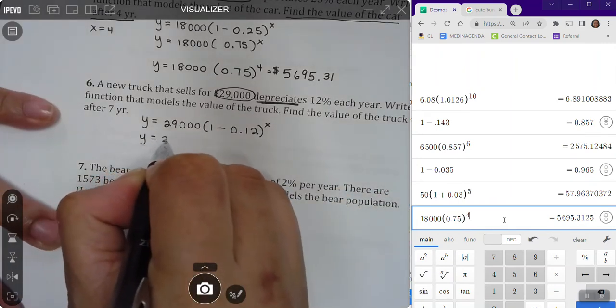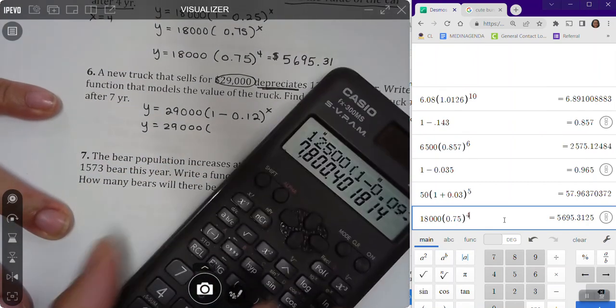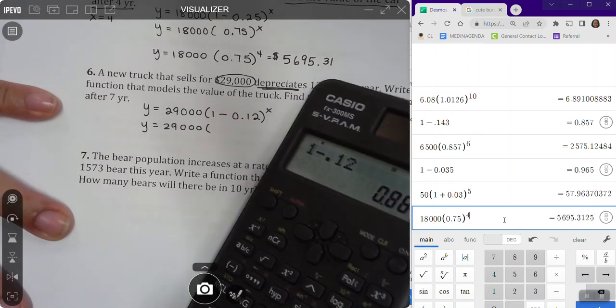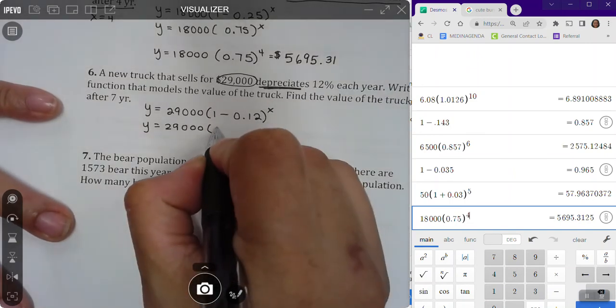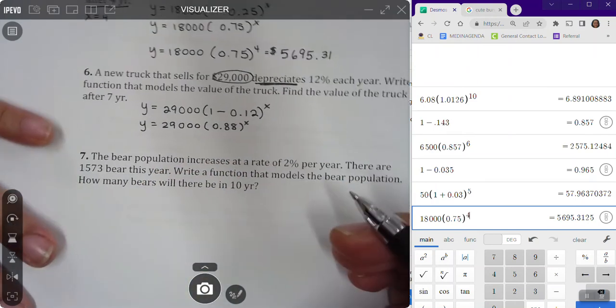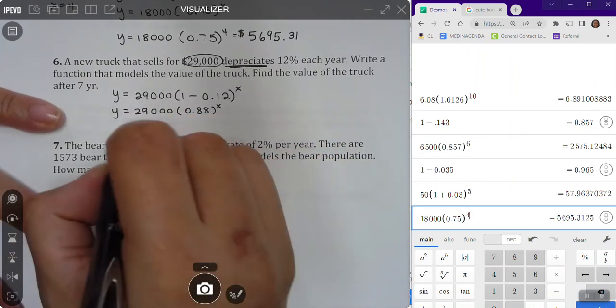And I'll write it different ways because if it's multiple choice, you never really know how they're going to present the information. So 1 minus 0.12, 0.88. So they might show it like this, 0.88 raised to the x. Either one of them is the same thing.